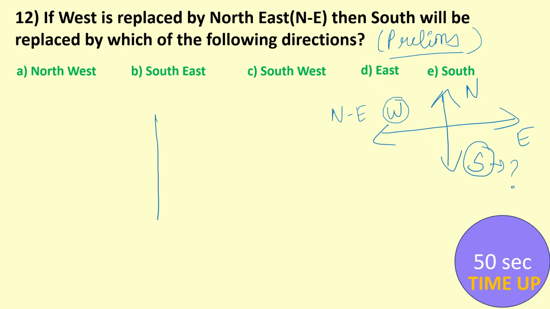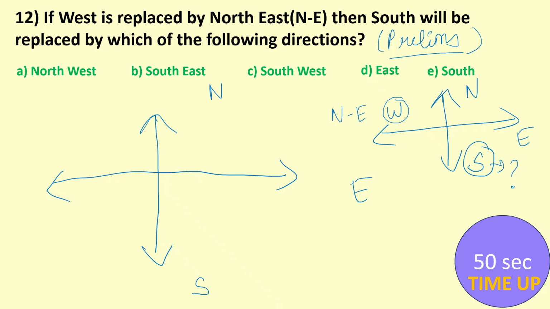So usually this is north, correct? This is your south, this is your east, this is your west. Then subordinate directions are what? Subordinate directions are your diagonal directions, correct?